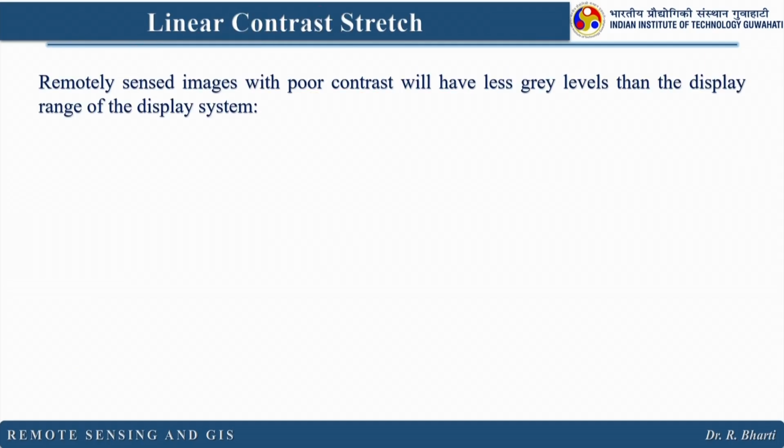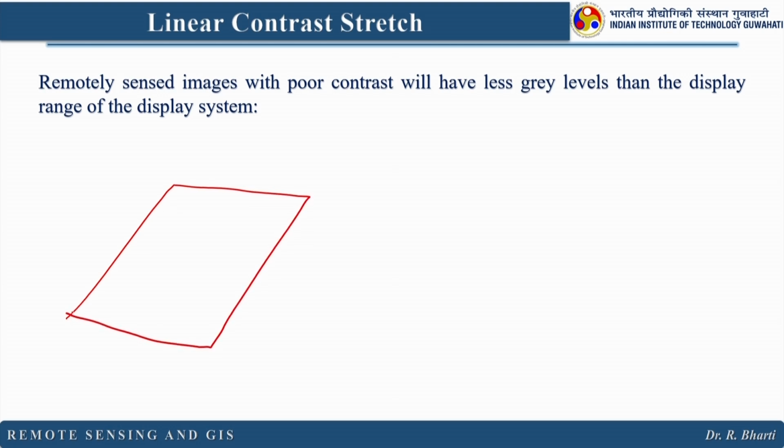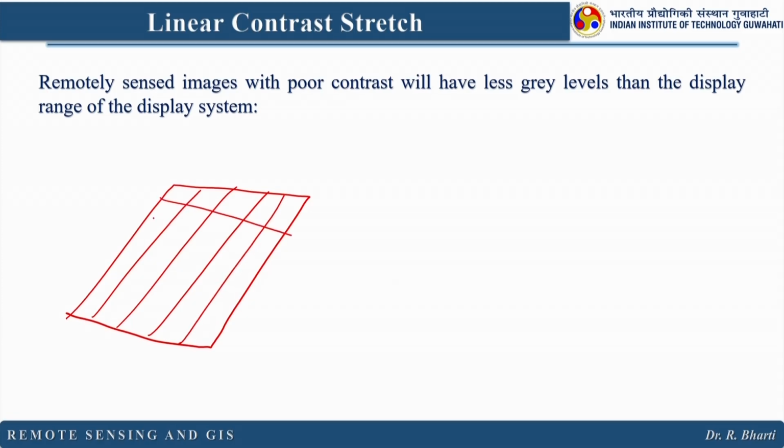In linear contrast stretching, remotely sensed images with poor contrast will have fewer gray levels than the display range of the display system. When you have an image, it is basically a matrix, and the matrix elements are your digital numbers.